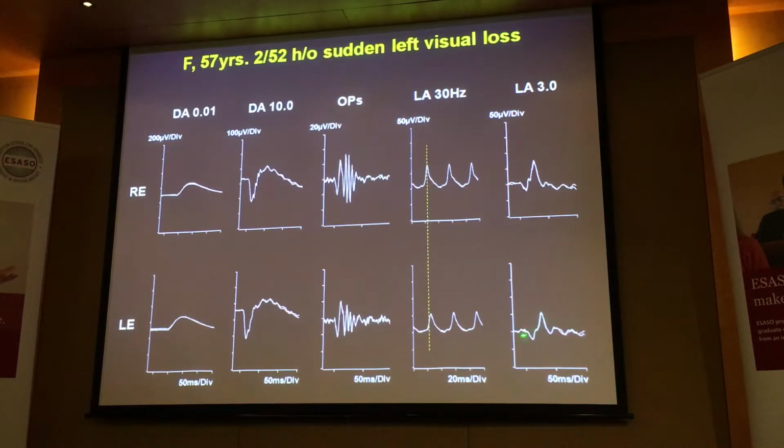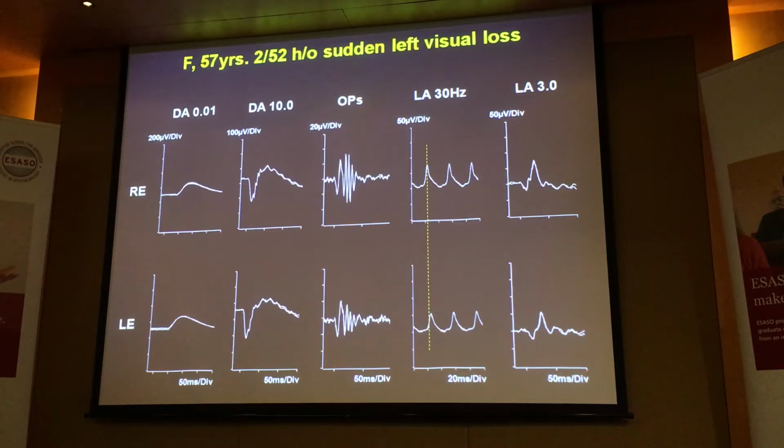There's a mild reduction in the b-to-a ratio in the single flash, which is not clinically significant, definitely within the context of this. But what we do see also are these oscillatory potentials, these small little wavelets on the b-wave, which are markedly reduced in the left eye. These are very sensitive to ischemic disease.